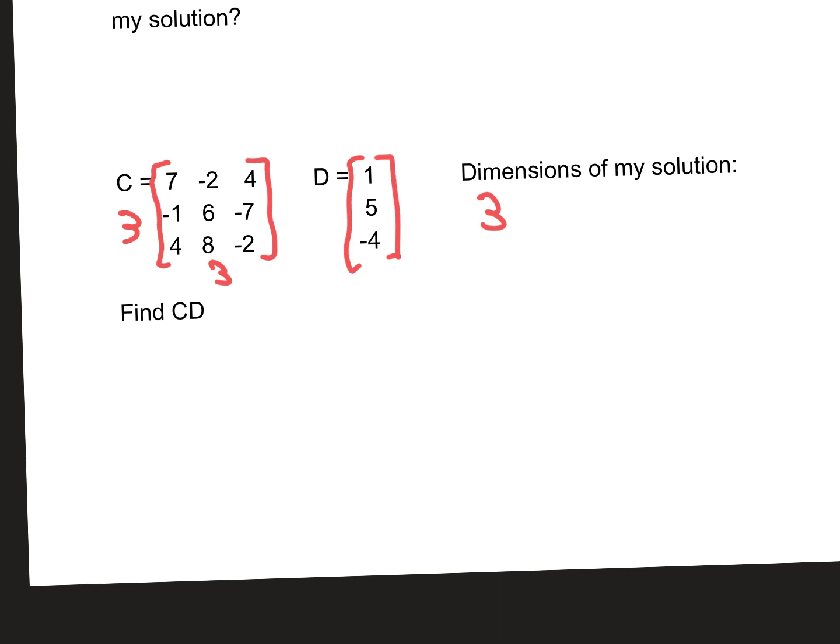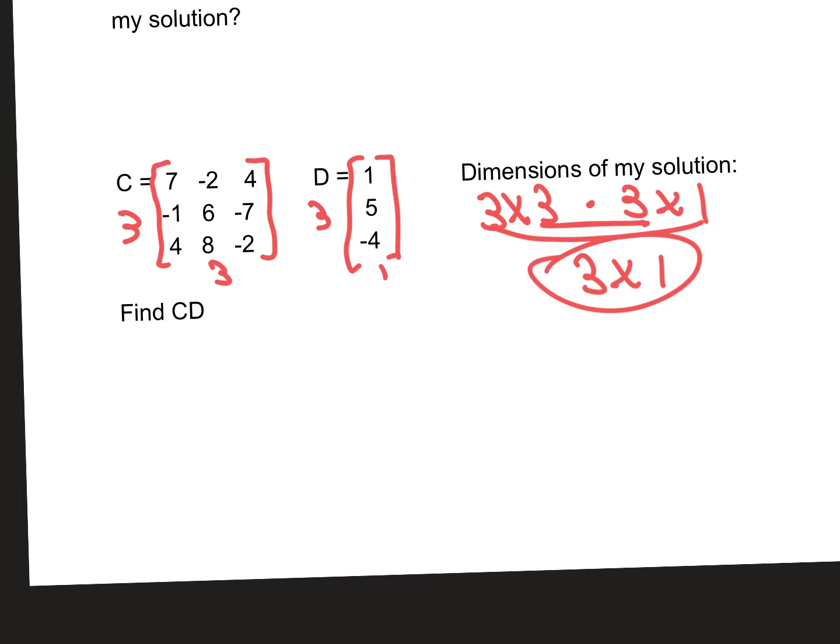So we have a 3 by 3 matrix, and we are multiplying it by a 3 by 1. First thing I notice is, yes, we can multiply it, and our answer is going to be a 3 by 1 matrix. So we are going to find C times D.